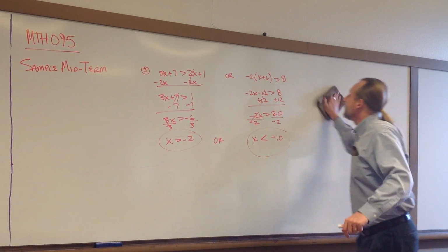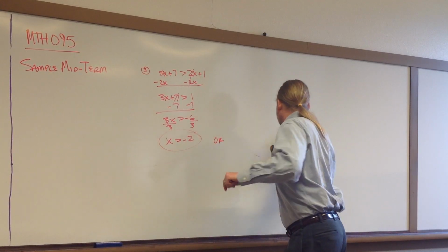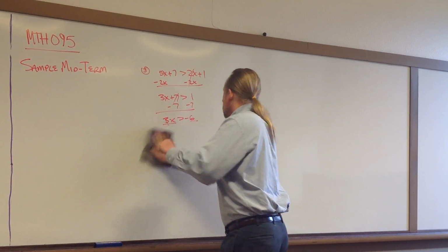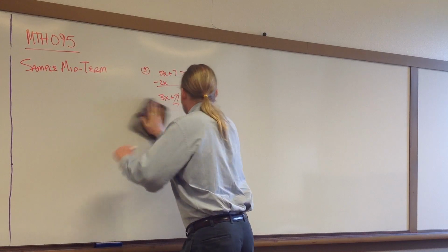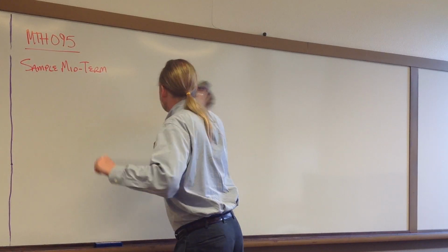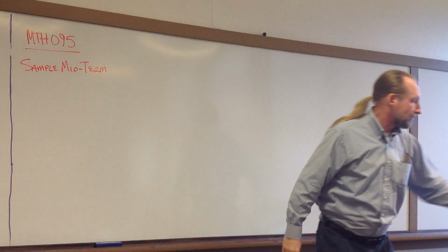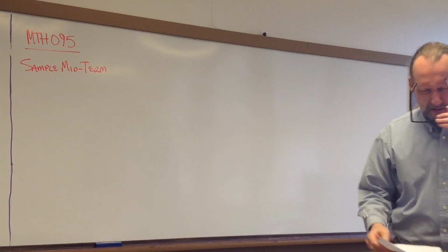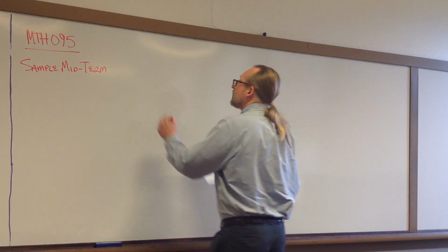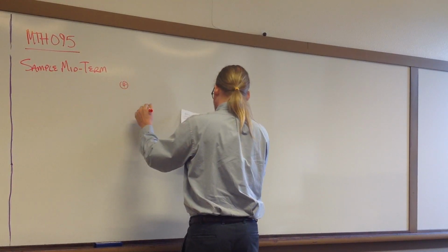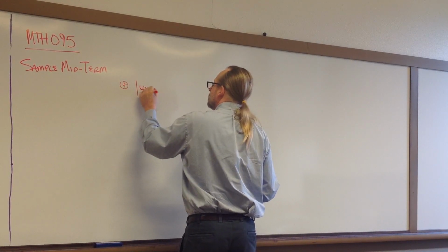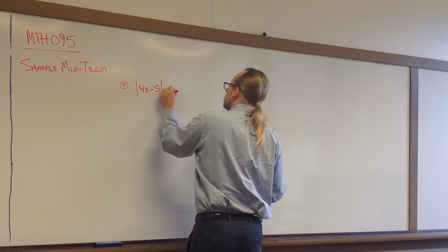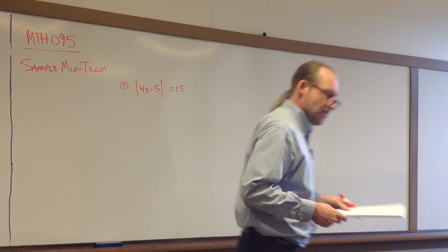I think problem 4, we get into the absolute value questions. 4 is an absolute value equation, and then 5 will be the absolute value inequality. Okay, so problem 4, we've got absolute value of 4x minus 5 equals 15.